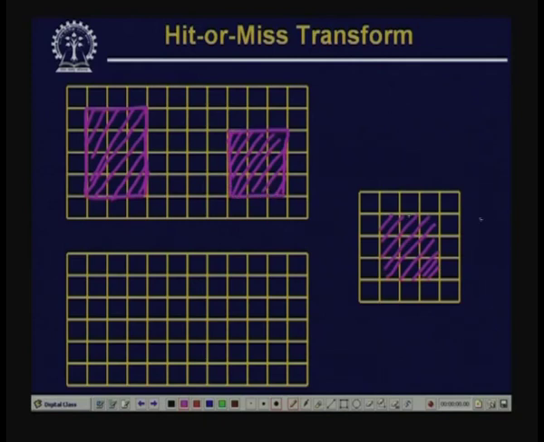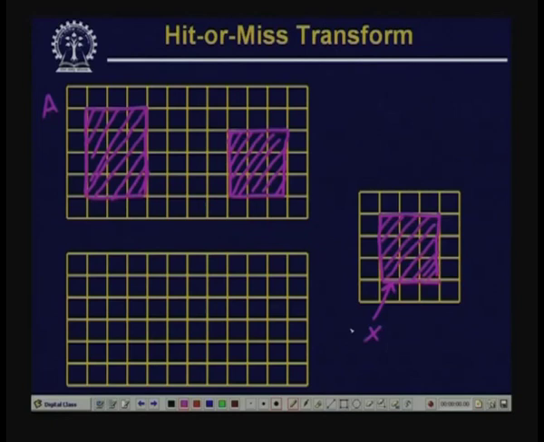Now, to detect this object within this given image, let us assume that this is our image A, and this is the object X that we are looking for.